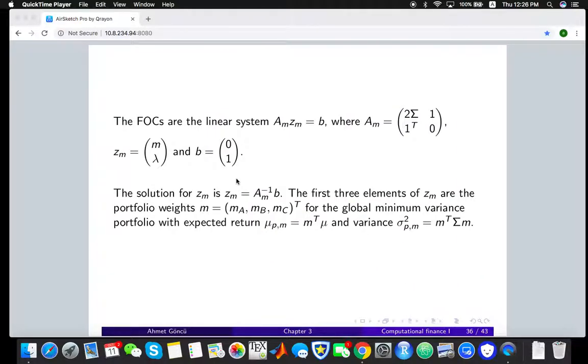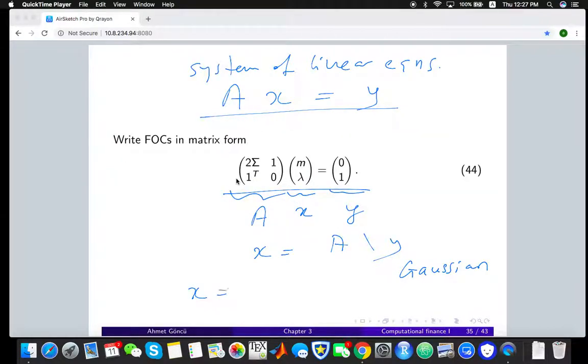Notice that when you solve this system of equations, you can also use the inverse, obviously. Going back here, x is also given by A inverse times y.